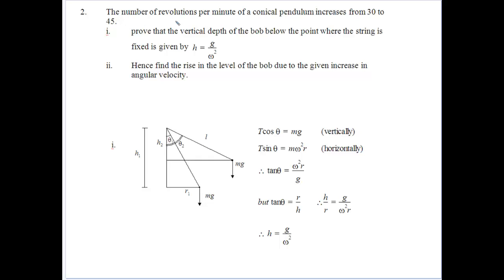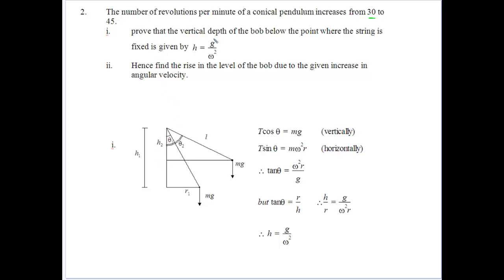In question 2, we've got the number of revolutions per minute increasing in a conical pendulum. So we've got moving in a slower one, it'd be 30, so think about what happens to the bob here as it starts to spin faster. It's going to move that way. So we want to move it from 30 revolutions a minute to 45 revolutions a minute.